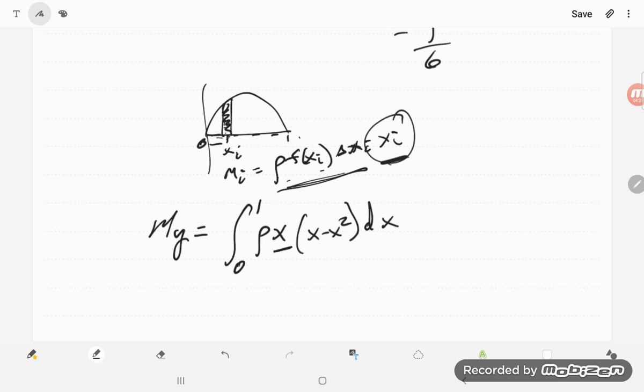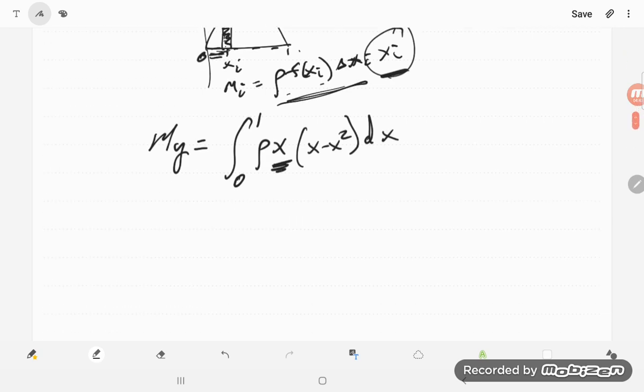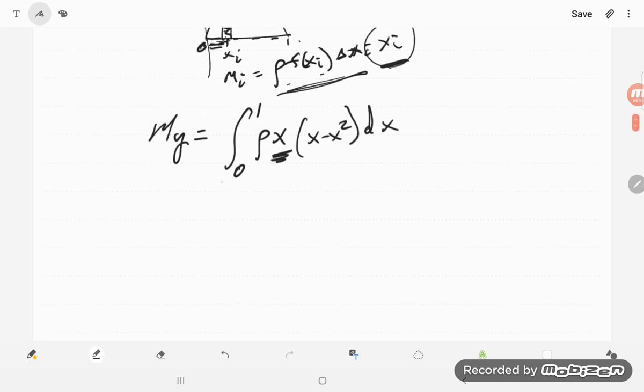So what we ended up doing was tossing in that x because of that distance.